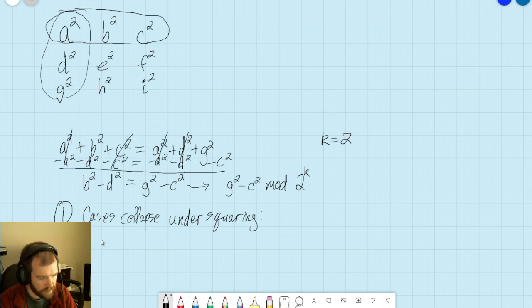All right, so we take n mod 2 to the k being equivalent to 0, and we're going to find out that n is equal to some m times 2 to the k.